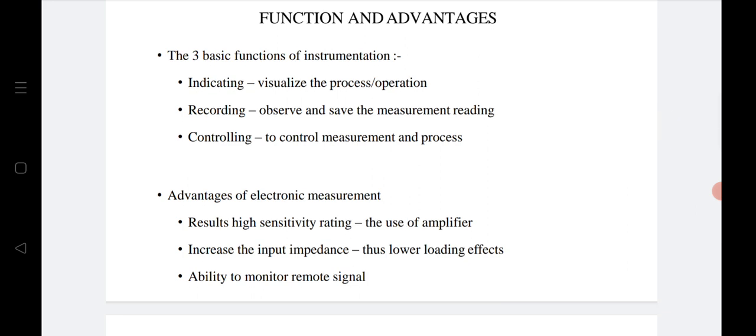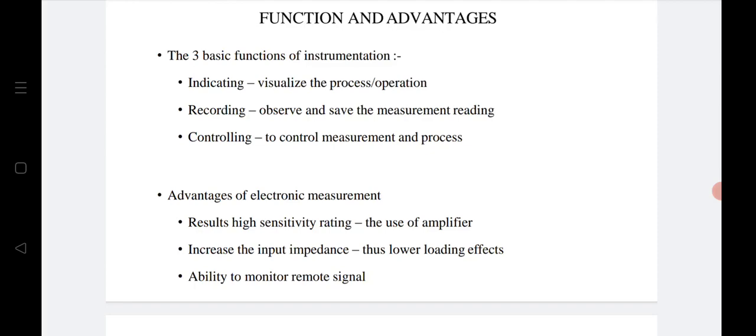So what are the functions and advantages of instrumentation? The 3 basic functions of an instrumentation are indicating, recording and controlling. What is indicating? Instrumentation means you should indicate, you should visualize that this is a weight. That is your visualization of the process or operation.